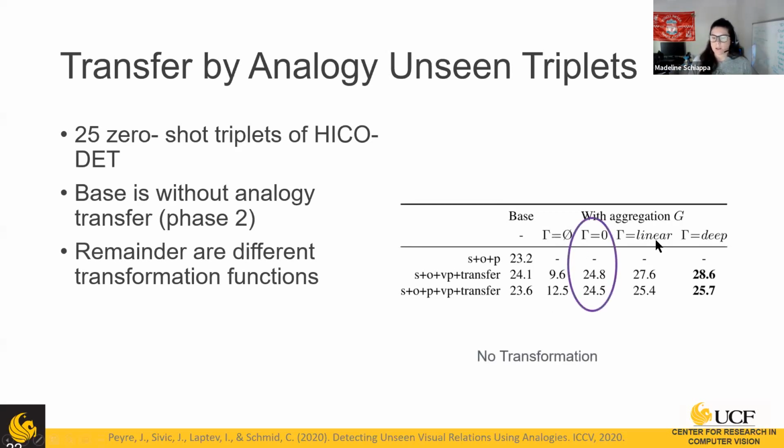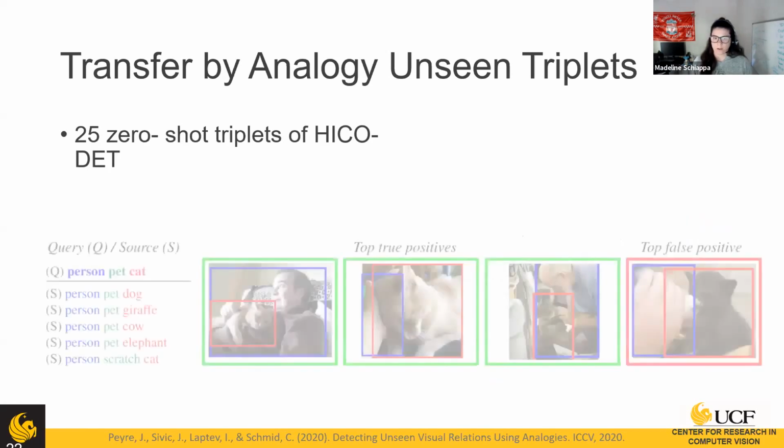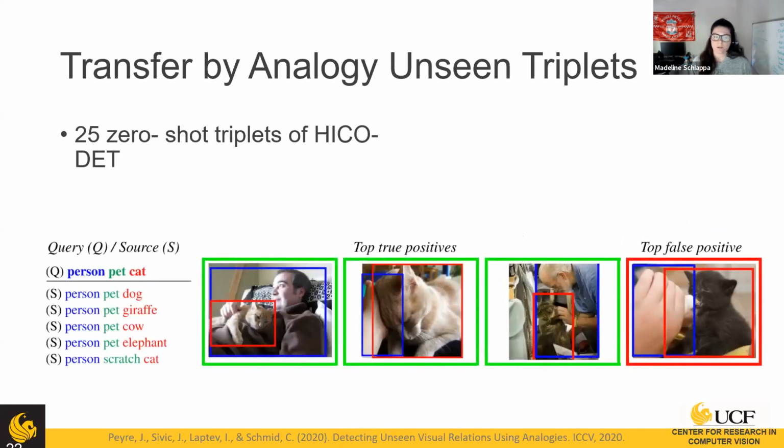The first is using no transformation, which means you're just using the original source triplet. The next is a linear transformation to try and transform the source triplet to the target triplet. And finally, they use a 2-layer perceptron, and as you can see, this performs the best. Here are some of the qualitative results that they presented using this approach.